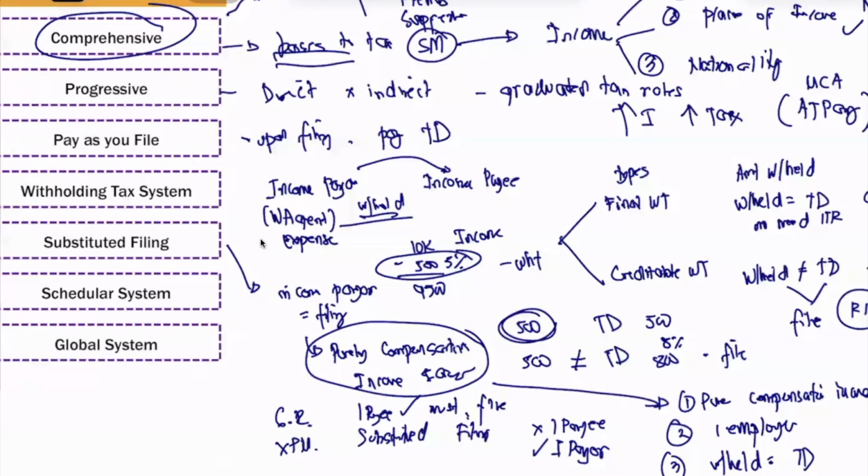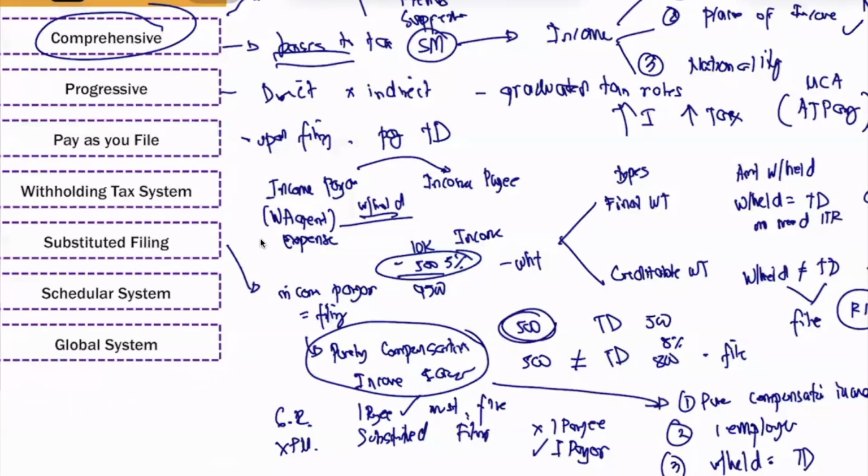But sir, you said a while back that in direct taxation, the one who is subject to tax is the one who earns the income. In short, it is the income payee. Yes, because what is subject to tax here is the income payee, but it is only filed by your income payer. Okay?